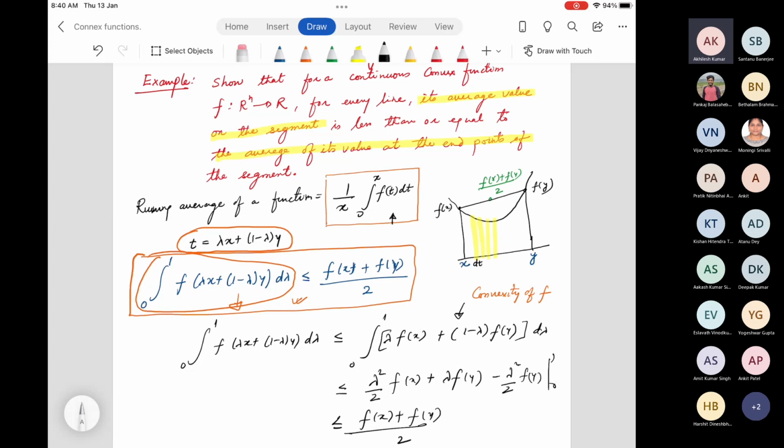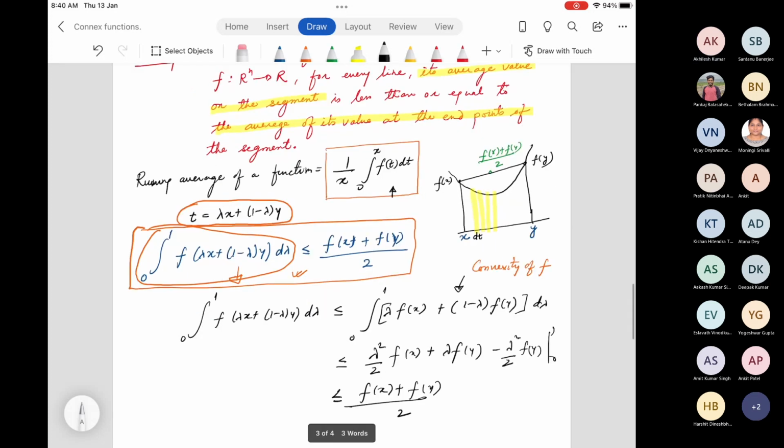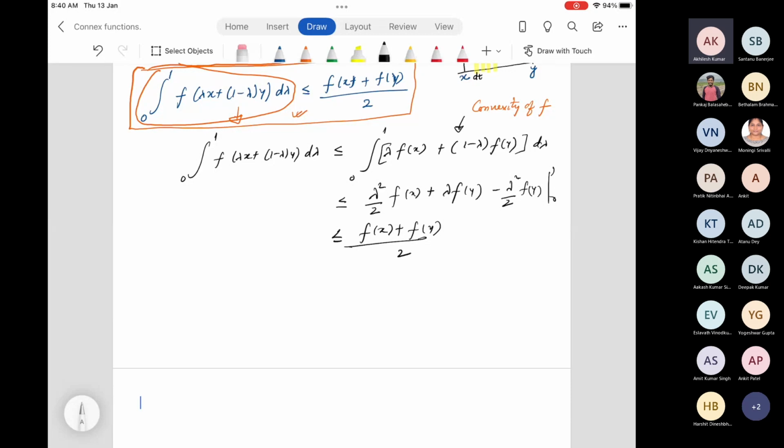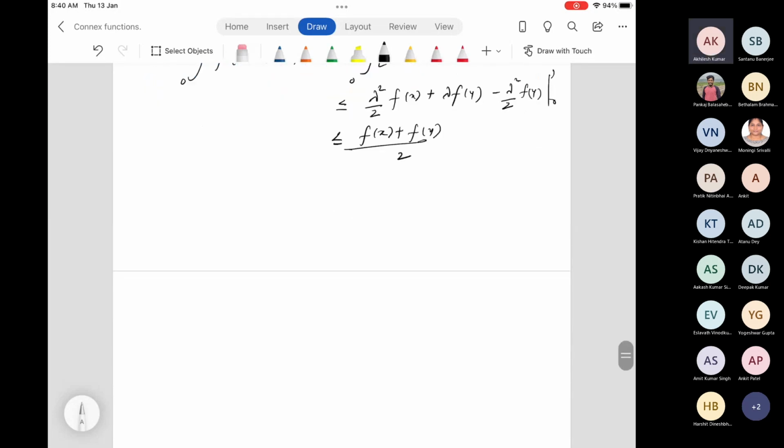If you look at Jensen's inequality, we will also see better ways to prove convexity, especially for differentiable functions.